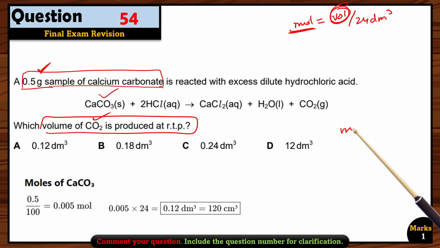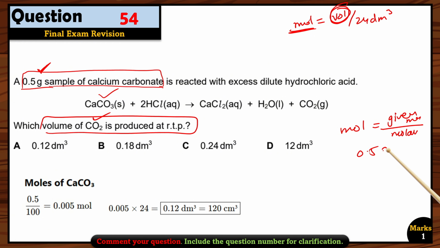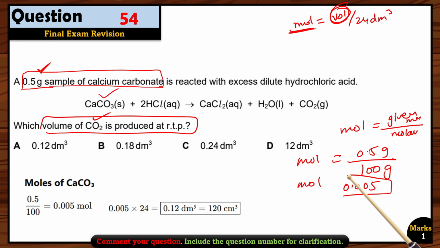So we will use the first formula, that is moles is equal to given mass divided by molar mass. Given mass is 0.5 gram, and it is the mass of calcium carbonate. So we can add the molar mass of calcium carbonate, that is 100 gram, right? So we can easily find the moles. What will be the moles of calcium carbonate? It will be 0.005, right?